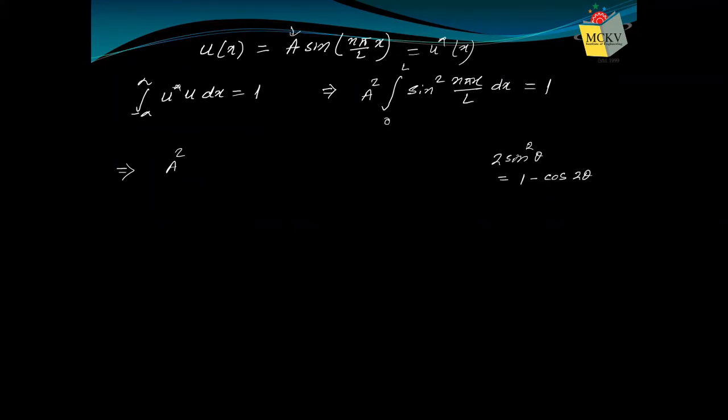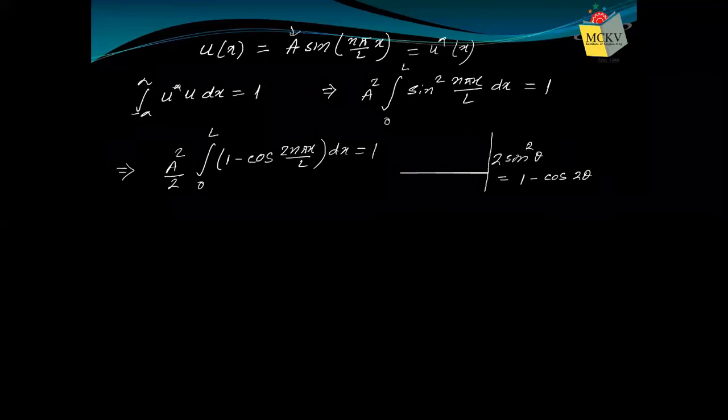So 2 sin square theta equals 1 minus cos 2 theta. Use it. Now here there is no 2, so we need to borrow it. So we write 0 to L, sin square will be 1 minus cos 2 theta, meaning 2 n pi x by L, dx equals 1. This 2 comes because you require 2 sin square theta equals 1 minus cos 2 theta. That's why.